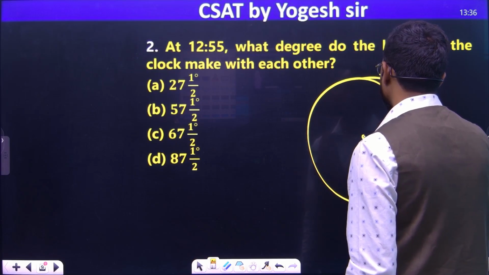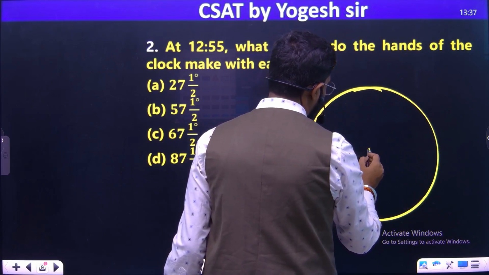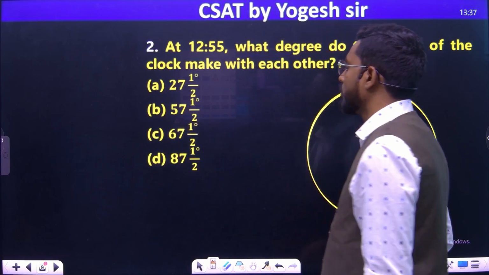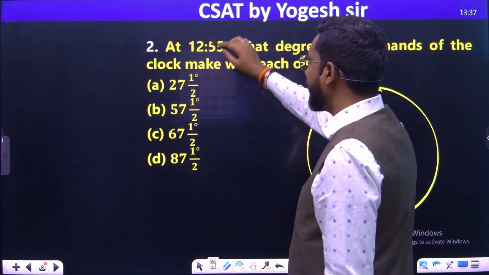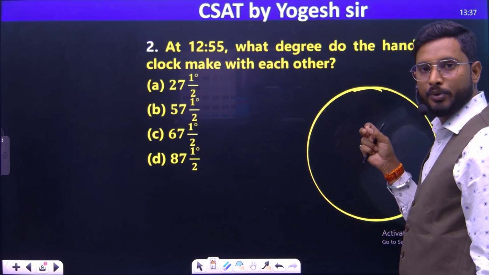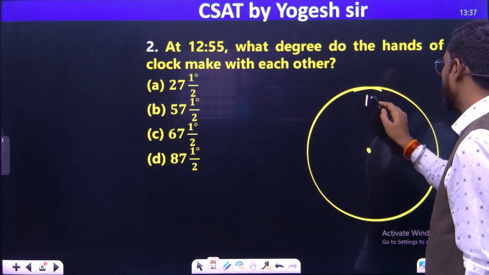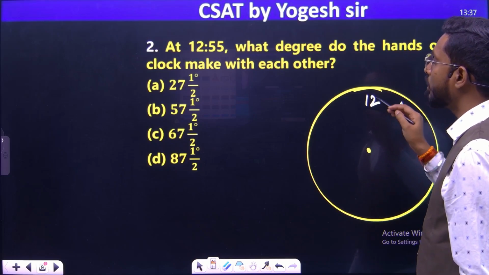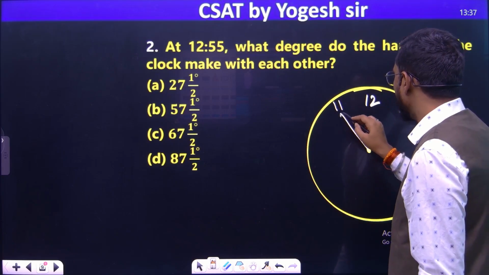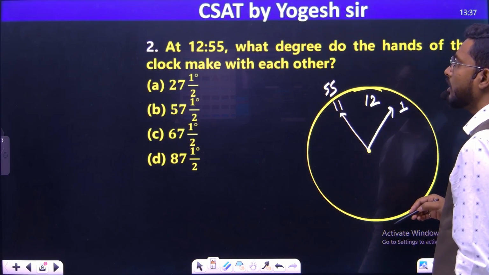Now at 12:55, look, the position of the hour hand will be between 12 and 1, and the position of the minute hand will be at 11, because 11 is the symbol of 55. So we have to find only this angle.